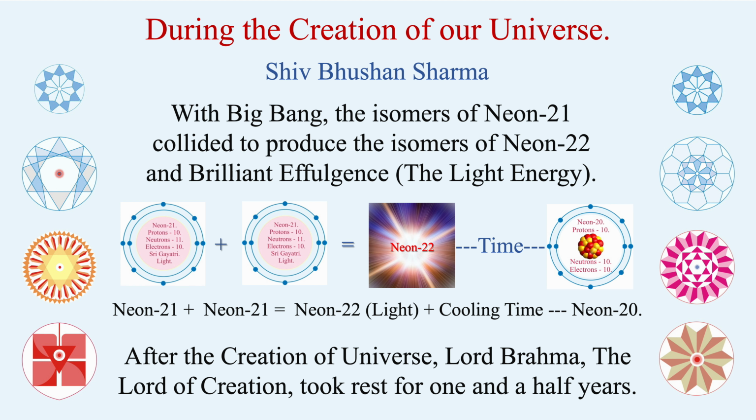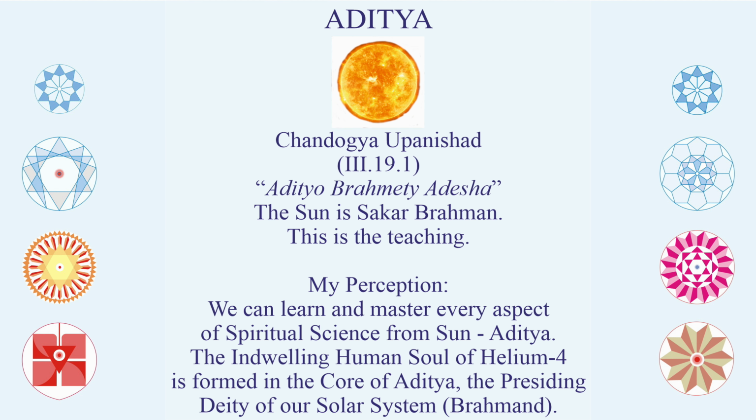Now comes the stage of, that was creation before. During creation, neon 21 plus neon 21 got together, fused together, and that was the light. That converted into 10 Panchabhutas and other stages, and all the atom elements as you see in the periodic table came from there only. That's it.